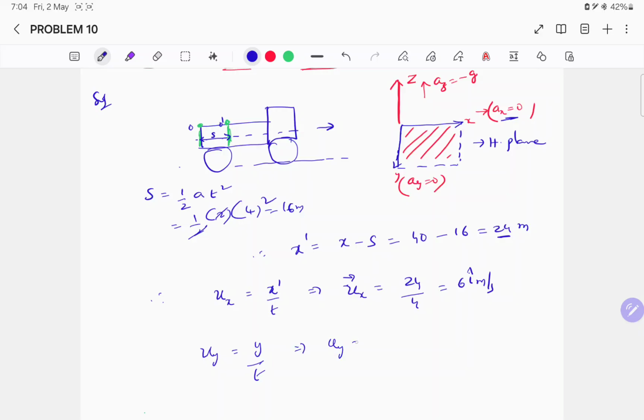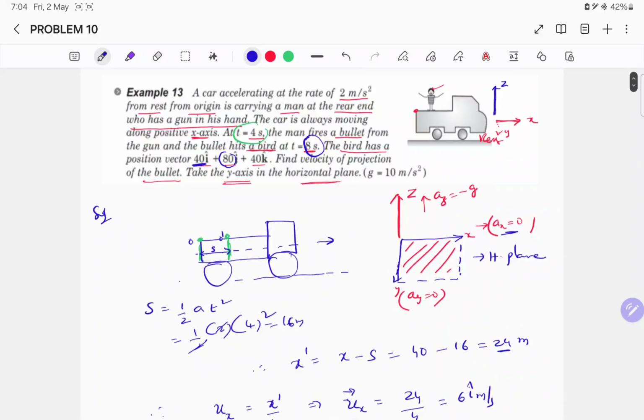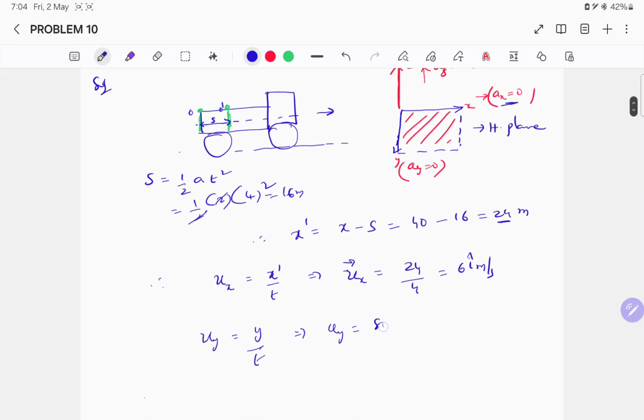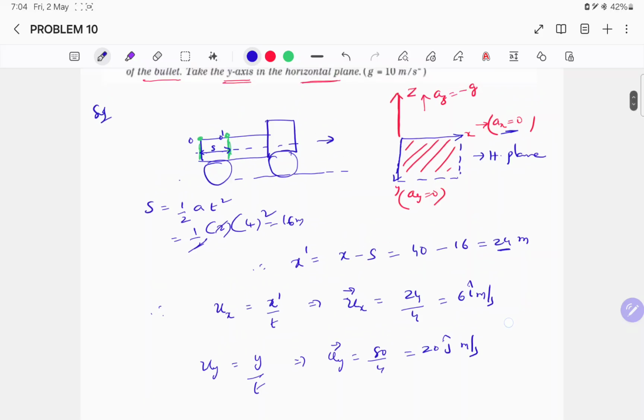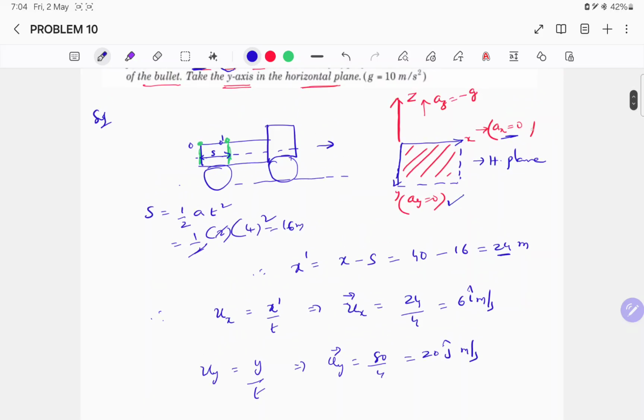The y coordinate of the bird is given as 80 meters. So 80 by 4, it will be 20 j cap meter per second. Remember why I applied just this formula of distance traveled by time, or displacement by time: there are no accelerations along the x and y axis.